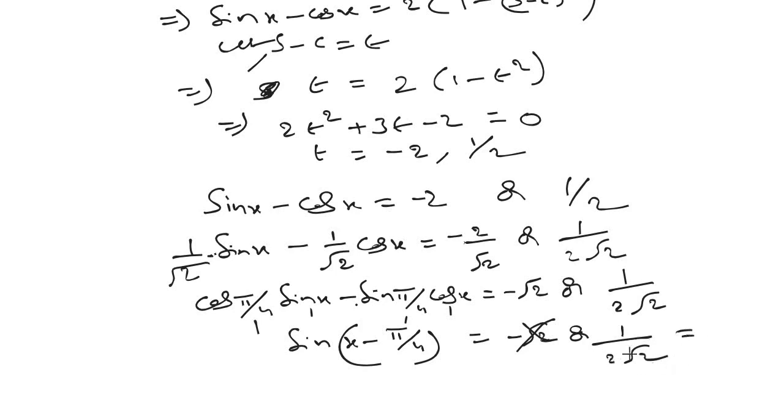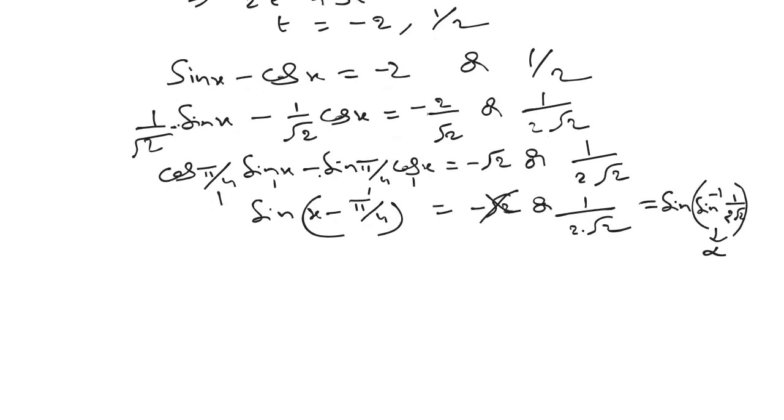So let us write alpha for this. So it is sin of sin inverse 1 divided by 2 root 2. We can take this as alpha now to write the general solution. Let us write the general solution. Here this is x, this is alpha.